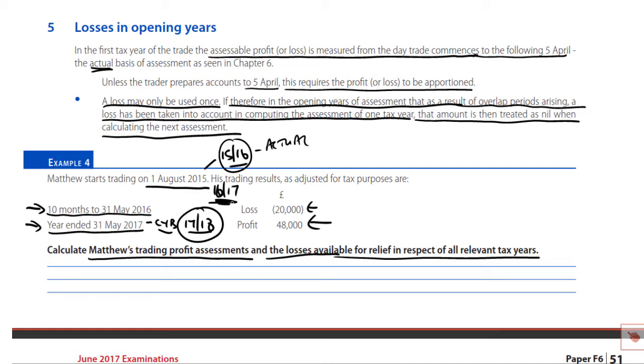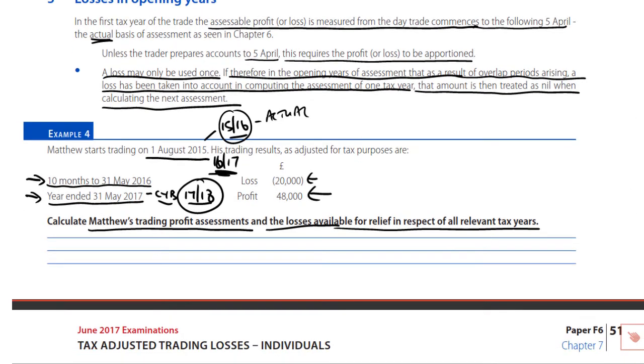So when you have a short period ended in that second tax year, which 12 months do we take as our basis period? Answer, the first 12 months. So what we now need to do, therefore, is to establish what these assessments will be and what the loss reliefs will also be. So set it up as we normally do.